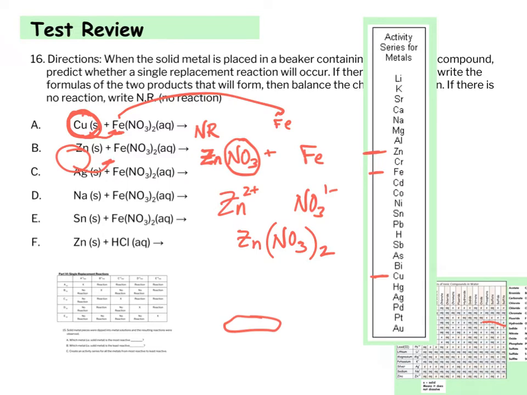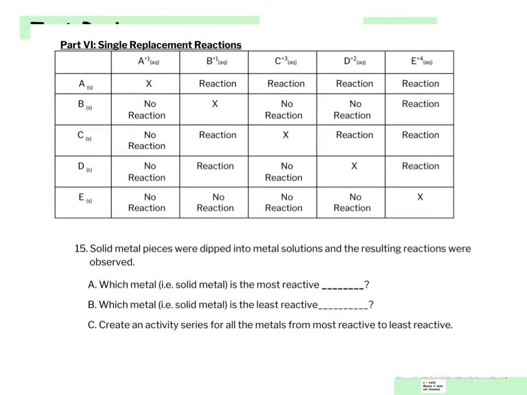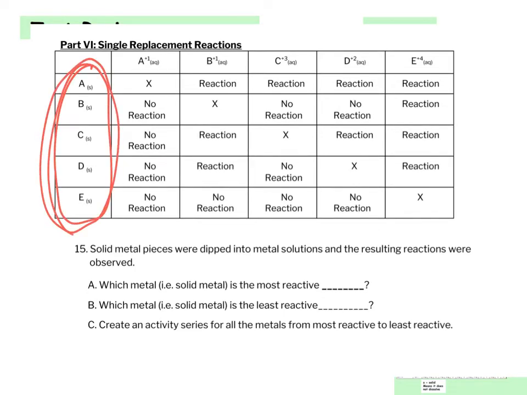Another thing we might need to look at about single replacement reactions is some lab data. That's what this chart was about. On this chart, we're looking at a number of solids, kind of fictitious or generic elements. If we react them and try to replace these ions in a solution, this is what the data is. If I take a piece of solid element A and dip it into a beaker that contains B plus ions, I will get a reaction.